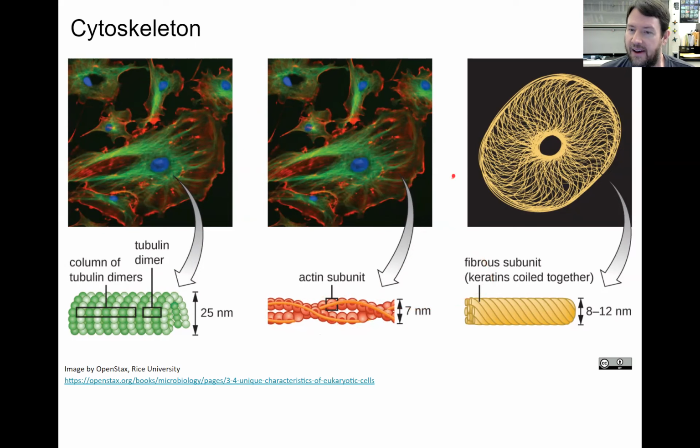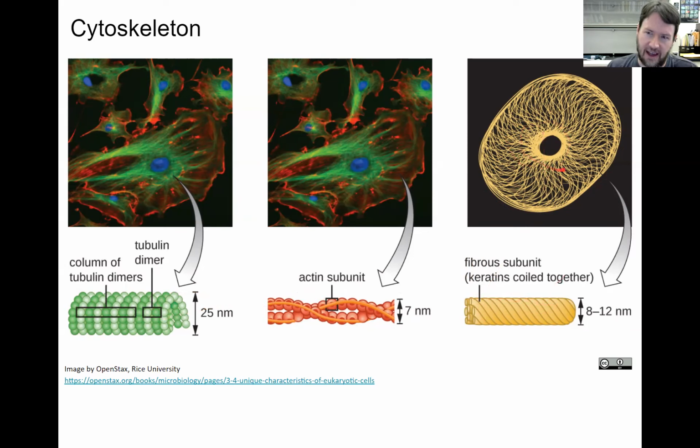And then there is another type of filament called intermediate filaments that are kind of intermediate in size between the microfilaments and microtubules. They're made of keratin, and this is kind of a longer lasting part of the cytoskeleton.